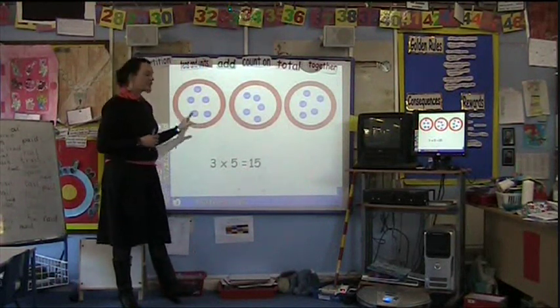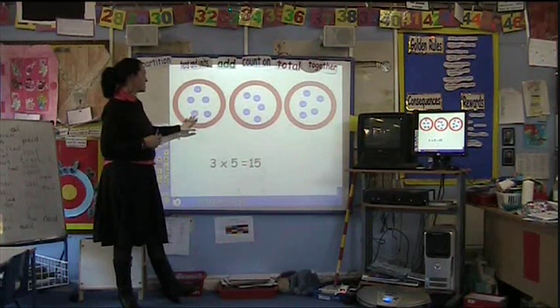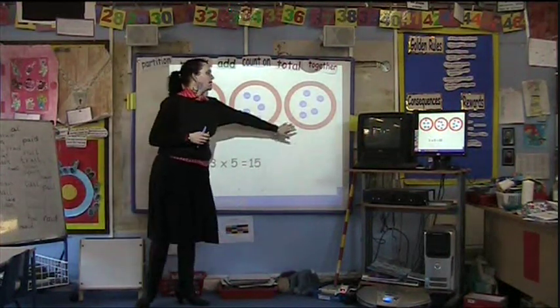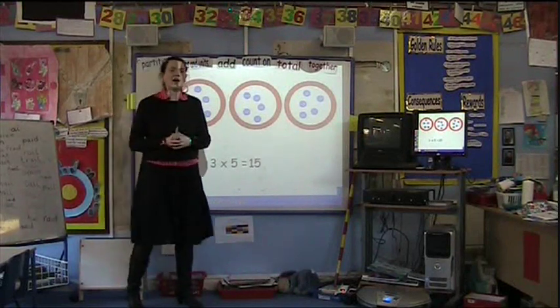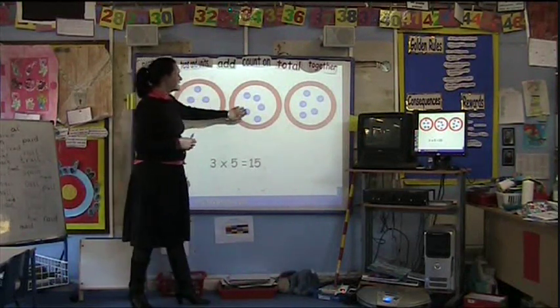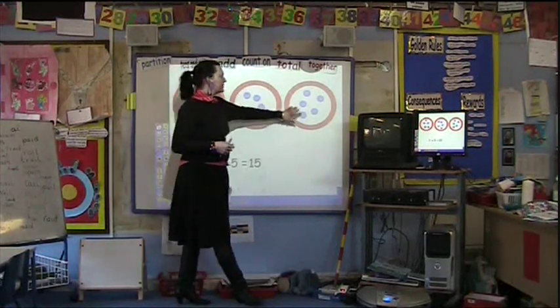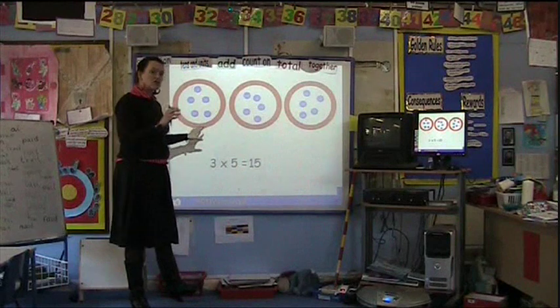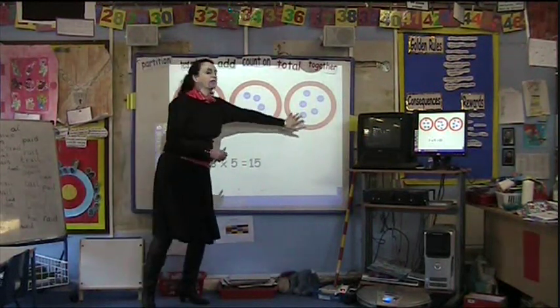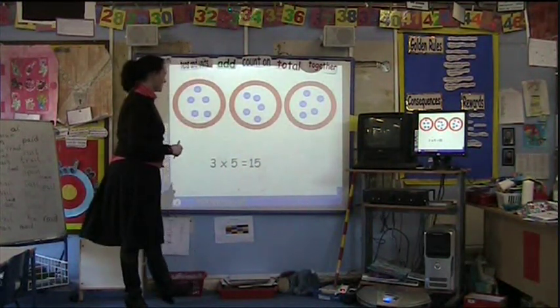So as you can see here, I've got 3 sets of 5 buttons. 5, 5 and 5. The children, if they are not confident in counting in 5s, could count 5, 6, 7, 8, 9, 10, 11, 12, 13, 14, 15. The more confident children could literally say 5, 10, 15. Okay?